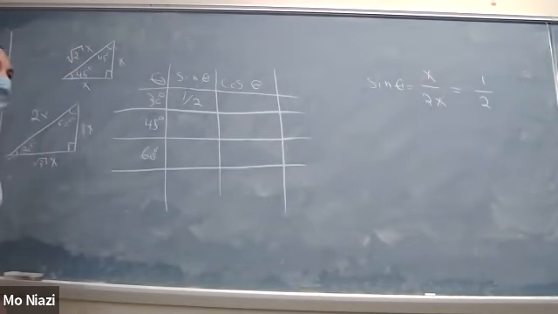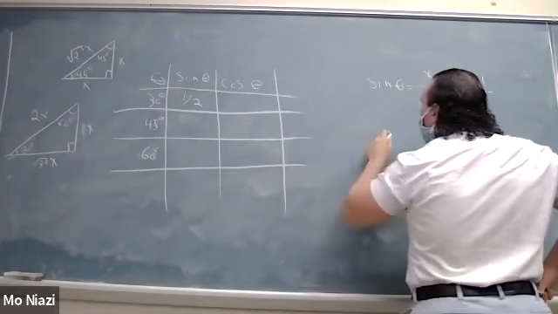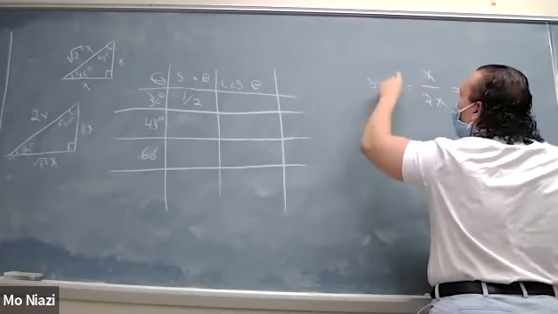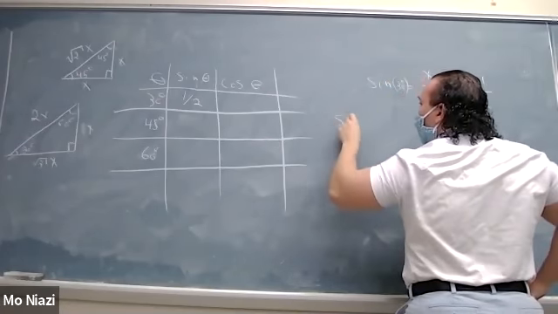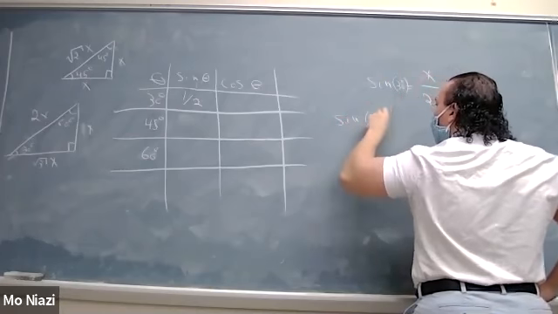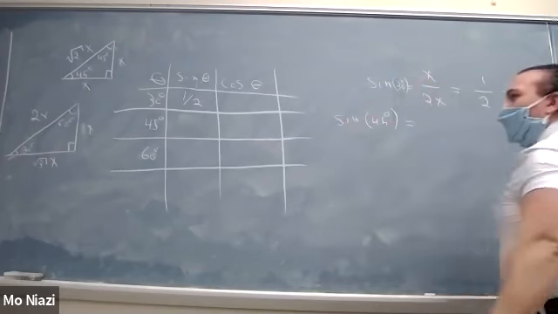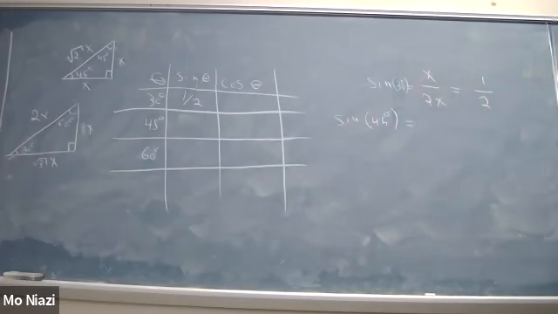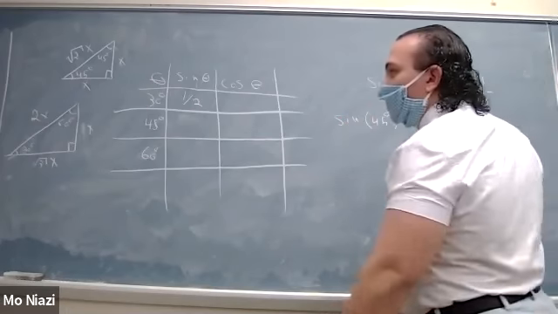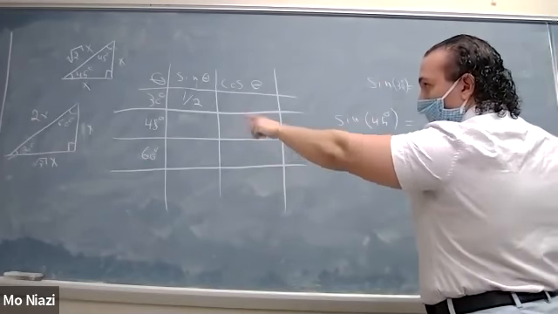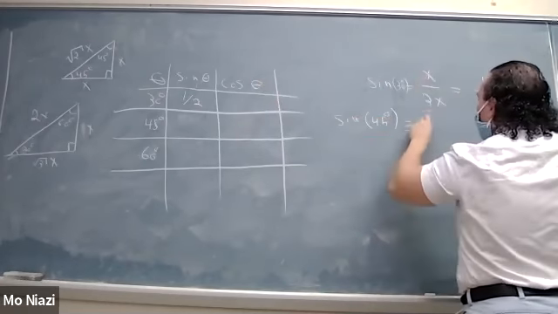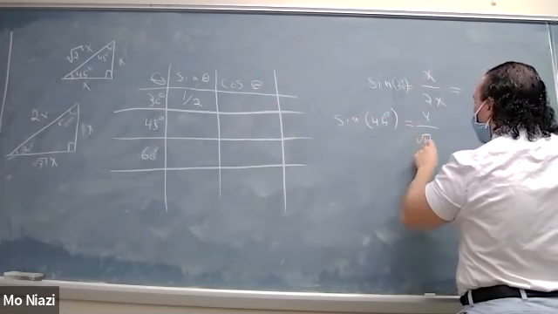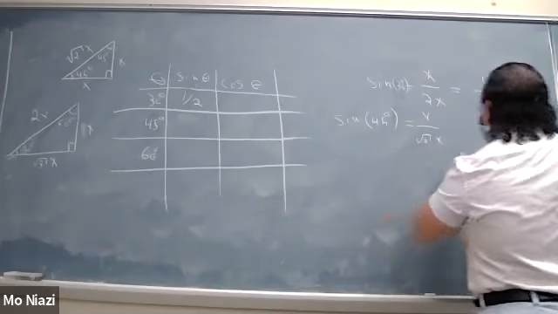What is sine of 45? What's the sine of 45? X over square root of 2x. X's cancel. So what do you get?